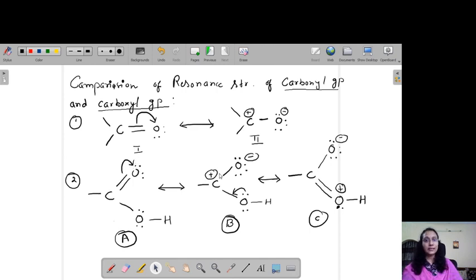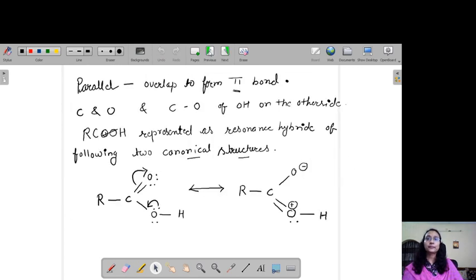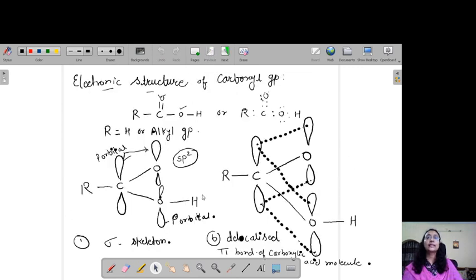We can see separation of charges, and structure number C, here also we can see separation of charges, positive and negative charge. Okay, this completes your topic, that is electronic structure of carbonyl group. If you get a question of 5 marks, then we are supposed to explain all the points we have discussed here. Okay.